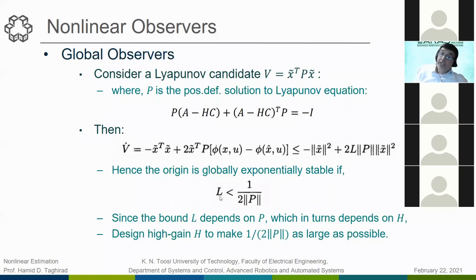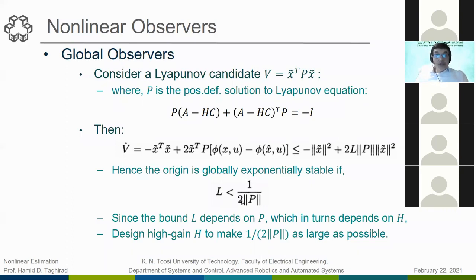And this Lipschitz gain, the L, mathematically should be only less than infinity. It never should be infinity. It could be quite large. And if this is large, then 1 over 2P should be large. And this means that we need to have high gain.